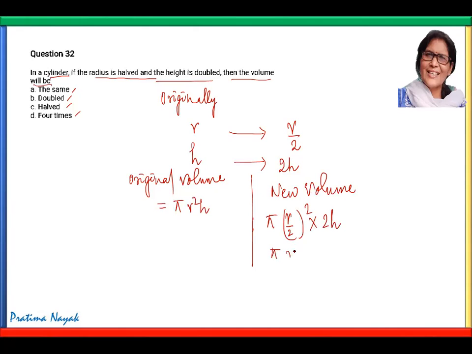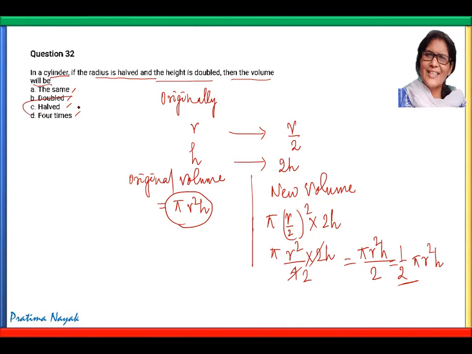This will be pi r square by 4 into 2h. Cancel 2 by 2. I am getting pi r square h by 2. Previously it was pi r square h. Now it is pi r square h by 2. That means it will be half of pi r square h. So what is the answer? It will be halved. C is the answer.